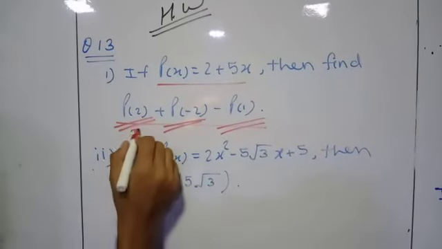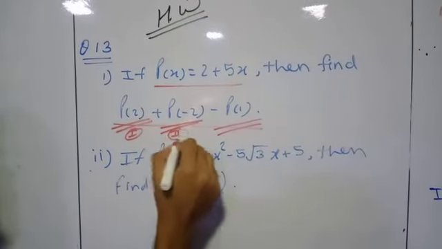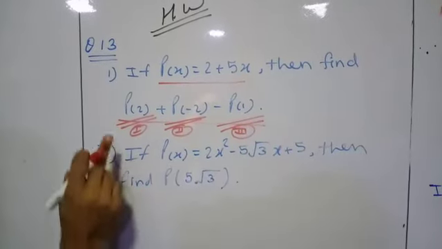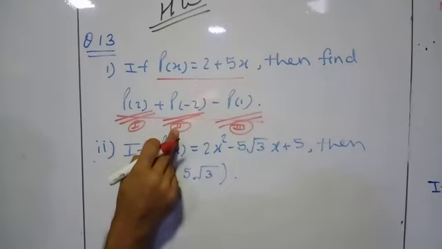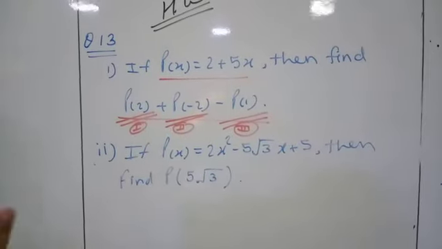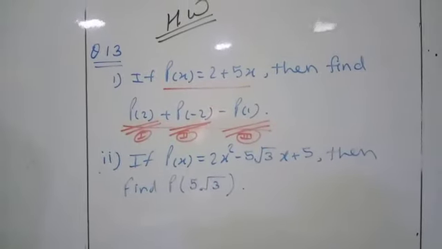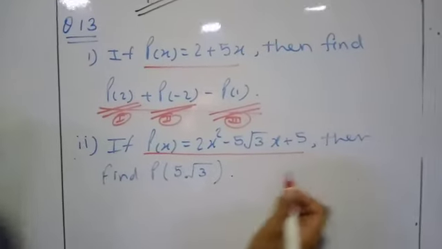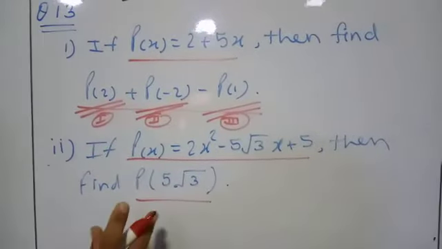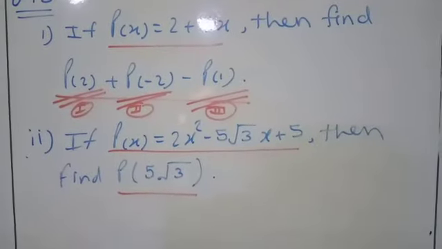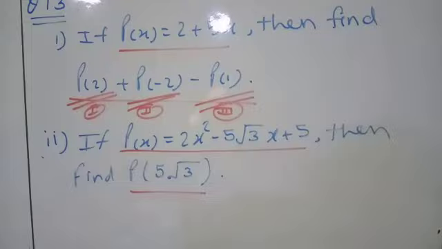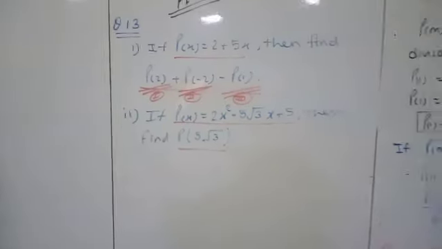This could be equation 1, this 2, this 3, and at the end add the first and second and subtract the third one. You will get the answer. In the second one, p(x) is given, then find p(5 root 3). At the place of x substitute 5 root 3.